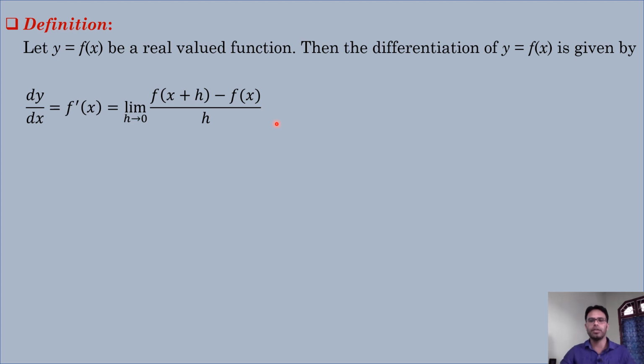But in this topic we should discuss the differentiation of a function at some particular point. The point will be given in your question. So here in the definition we should consider a point, some x is equal to a only.